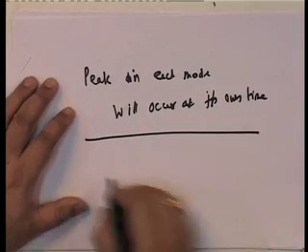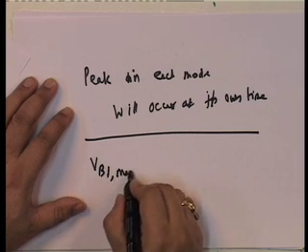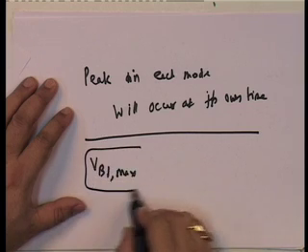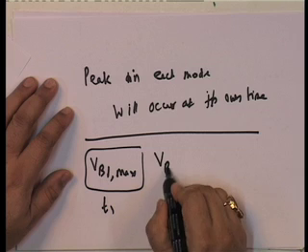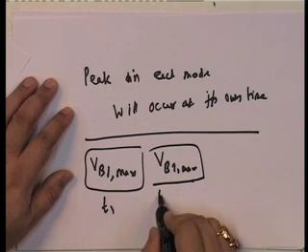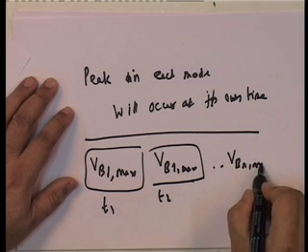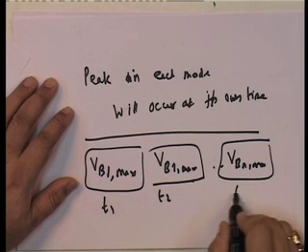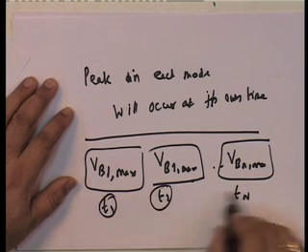In other words, VB1 max occurs at, say, time t1, VB2 max will occur at some other time t2, and in that way VBn max will occur at some other time tn. Now, what are these? We have no clue.